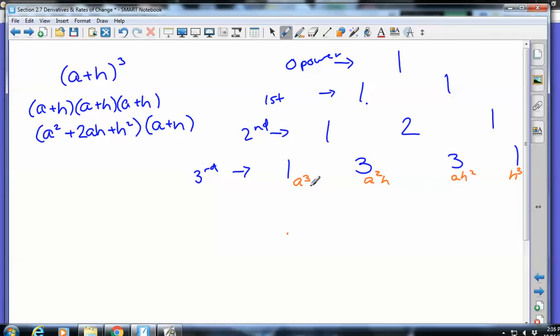So this is like your h cubed, h squared, your h, and then this one would have no h at all. So basically, if you multiply this all out, you would get a to the third plus 3a squared h plus 3ah squared plus h cubed. That's it. Do you guys see how I got that?